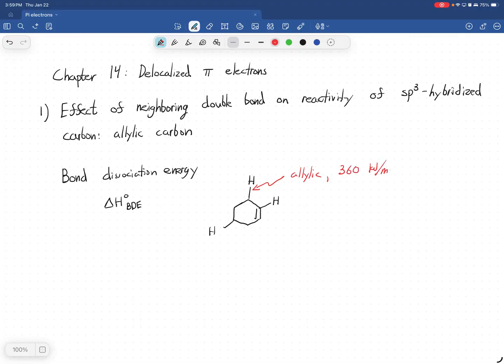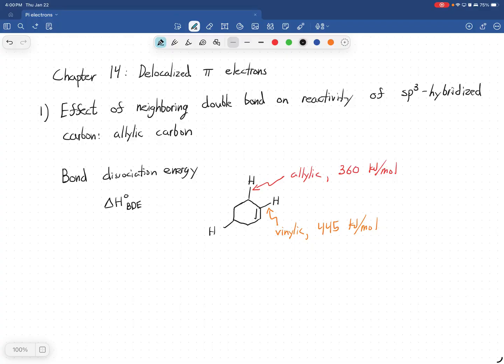Now if we compare that to an alkene type hydrogen, a vinylic hydrogen is another name for a hydrogen bonded to an sp2 carbon, which is an alkene carbon. Vinylic is 445 kilojoules per mole. So that's quite a difference in terms of energy.